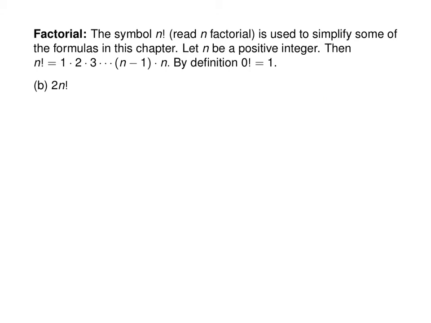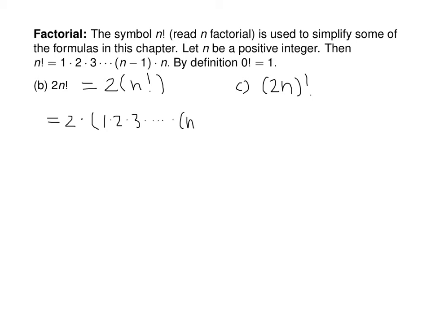Next, let's discuss the difference between 2 times n factorial and, looking ahead at what you have in part C, 2n in parentheses factorial. So this first one really just means 2 times n factorial. So what that means is 2 times the quantity, 1 times 2 times 3 times up to n minus 1 times n.